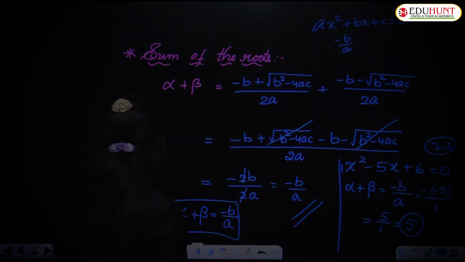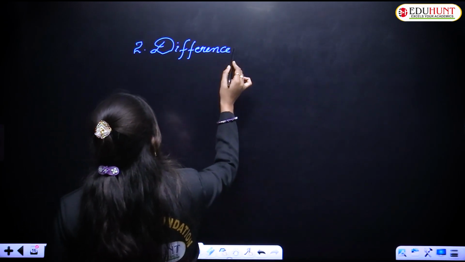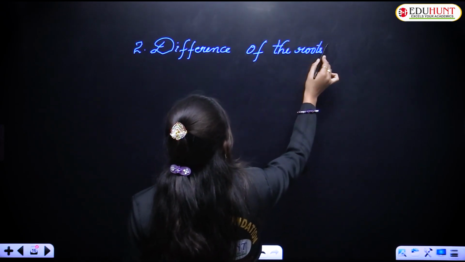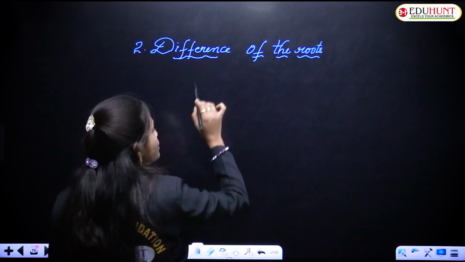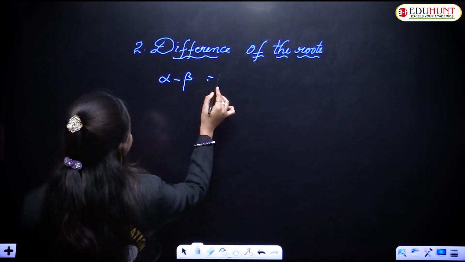Now the second one, the difference of the roots. Difference of the roots means alpha minus beta.